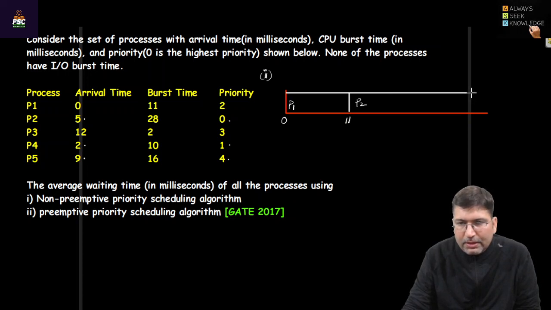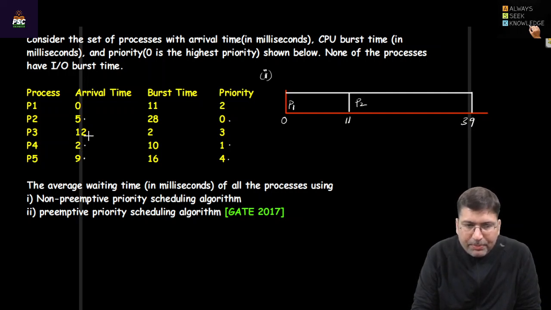So I assume that this is 39. It is executing till this point. Now when P2 finishes, P3 has also arrived. So now in the ready queue, there are 3 processes: P3, P4 and P5.